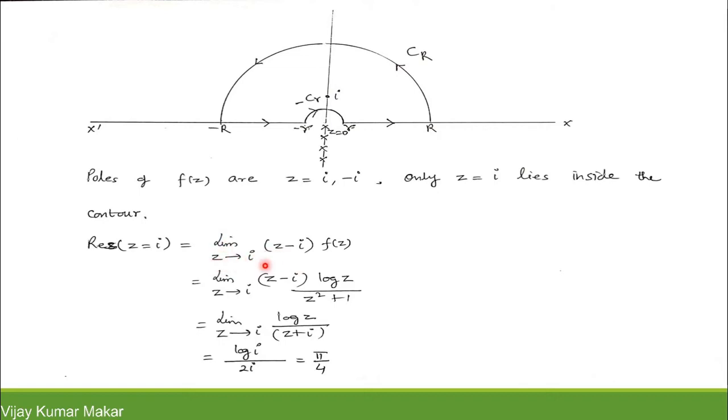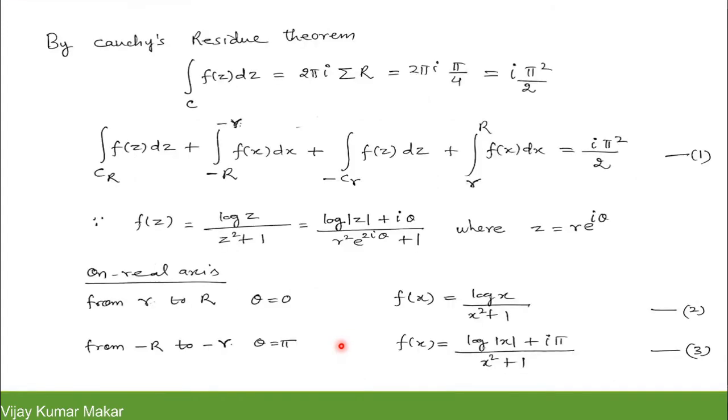From the formula, limit z tends to iota of (z minus iota) f(z), we get the value of residue as pi by 4, because the value of log iota is iota pi by 2. When we put this value, we get pi by 4. So the residue at z equal to iota is pi by 4.